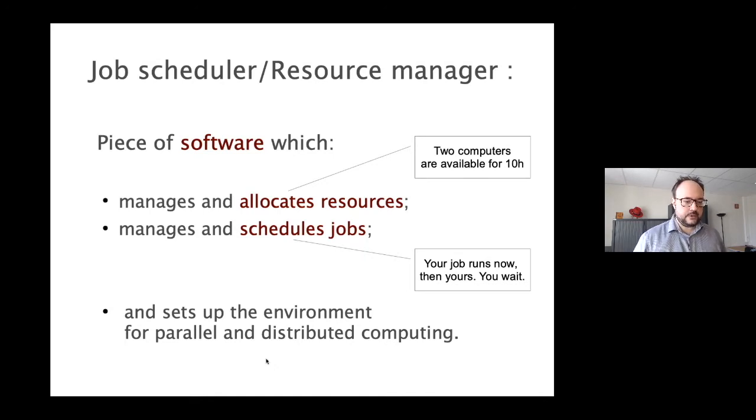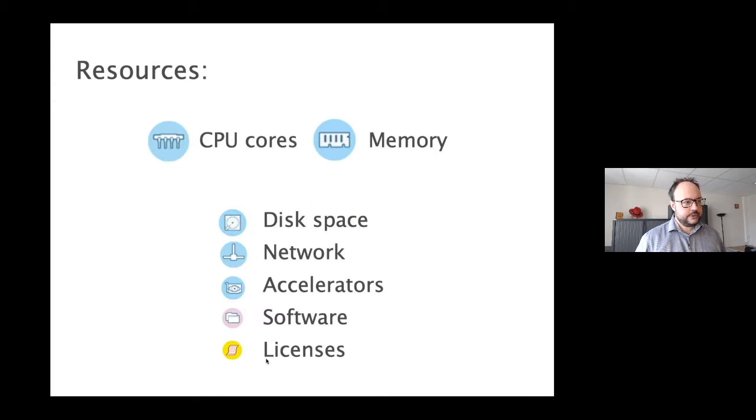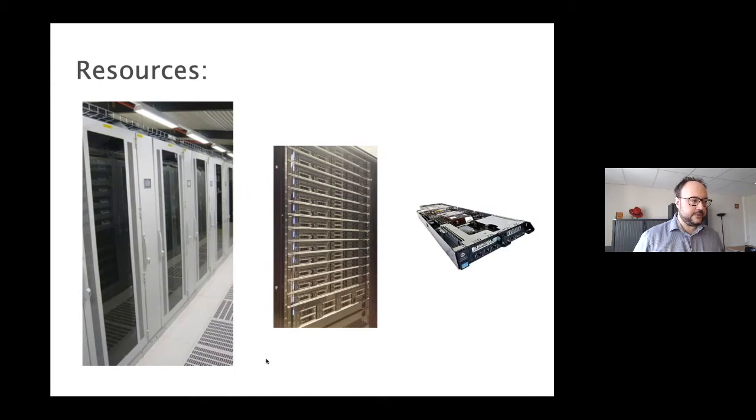A few words about resources. So what are resources? Mainly CPU and memory, but there are other types of resources such as disk space and so on. And maybe just a quick reminder, you know that the cluster lives in racks in a data center. And in those racks, you see computers, and every item which I highlight here is a computer, and a computer looks like this once you remove it from the rack.